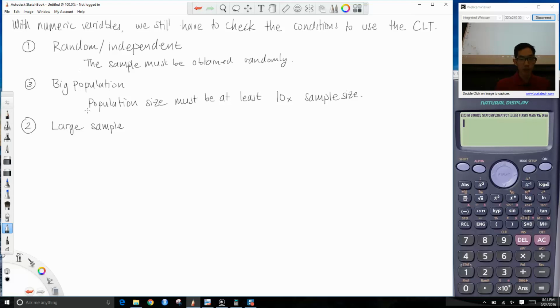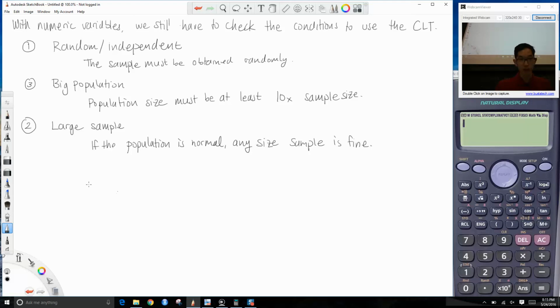For numeric variables, large sample, what we have is if the population is normal, any size sample is fine. Okay?